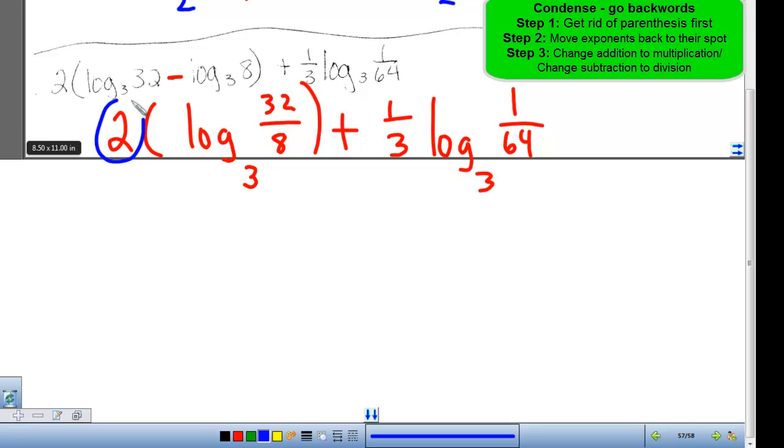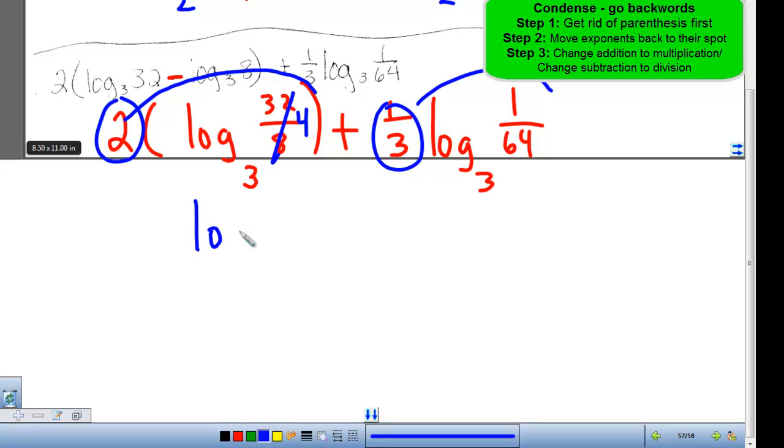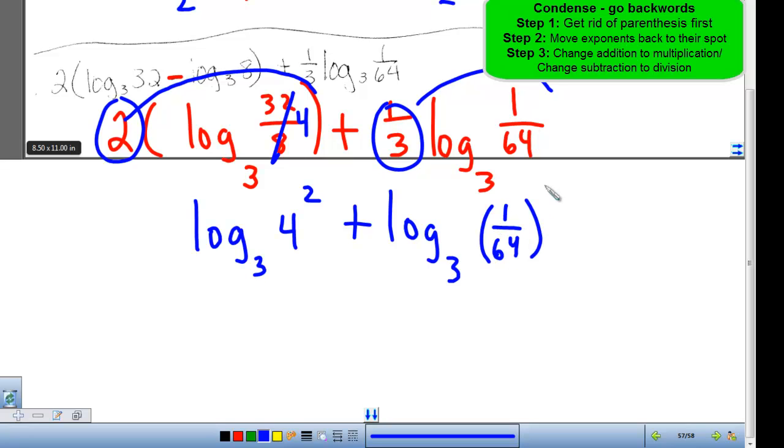Now I want to take care of these exponents because I know I have some exponents here. 32 divided by 8 is 4. So I have log base 3 of 4 squared plus log base 3 of 1 over 64 raised to the 1/3 power.